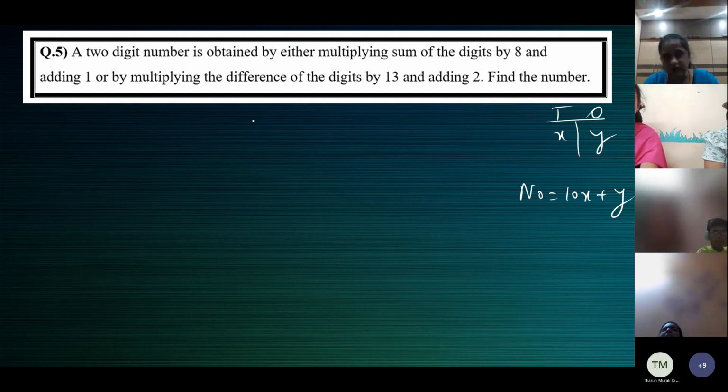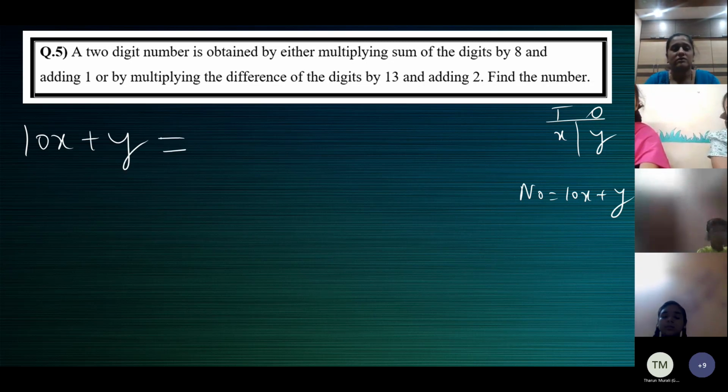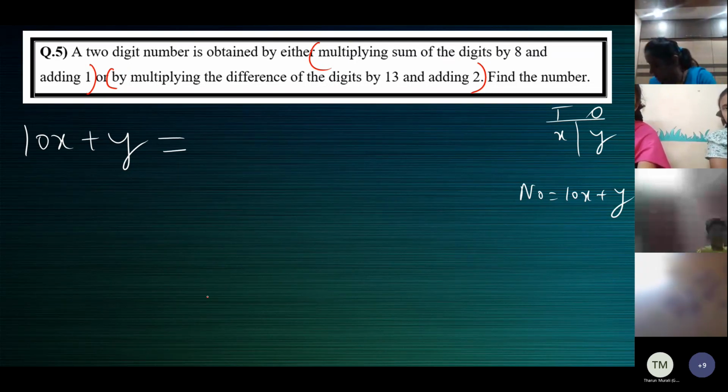A two-digit number can be got like this, by multiplying the sum of the digits by 8 and adding 1, or the same two-digit number can be got by multiplying the difference of the digits by 13 and adding 2. You can get the two-digit number in two different ways. The first method we already saw. Now the second method.